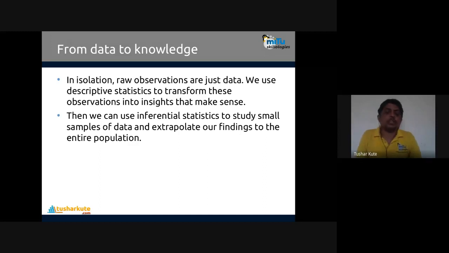We can use inferential statistics by studying a small sample of data and extrapolating our findings to the entire population. Just for your knowledge, common surveys are there. Nowadays we can see many surveys taken on COVID-19. They are not going to every patient.